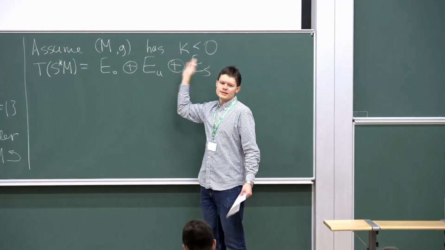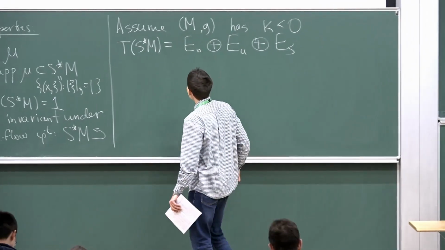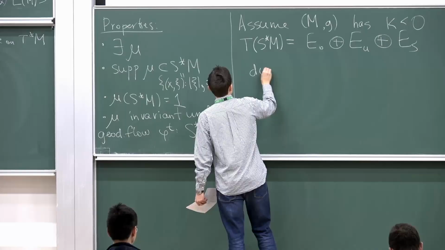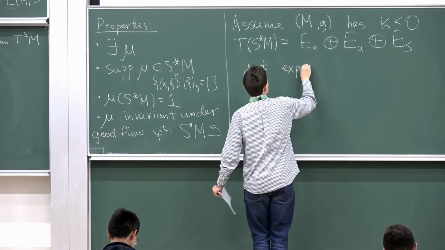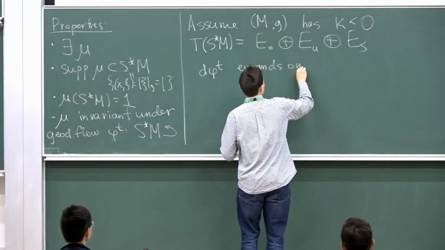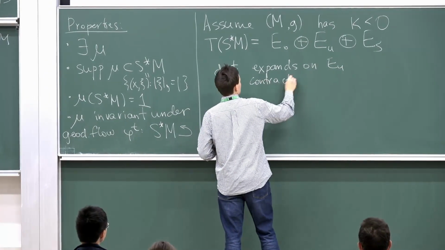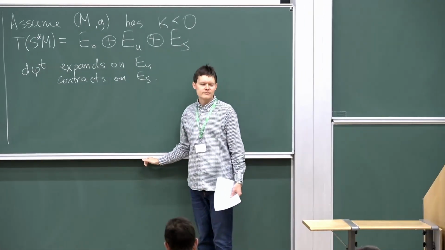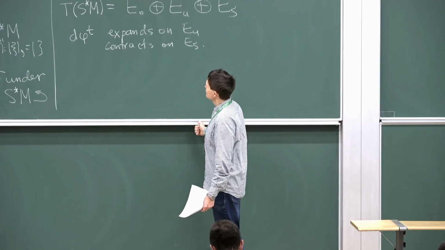These are continuous subbundles of this tangent space. And then you know that d phi t expands exponentially on the unstable space and contracts on the stable space. That's the property that I'll use.